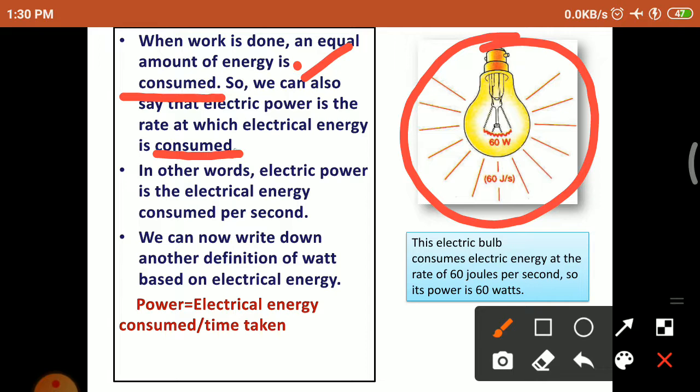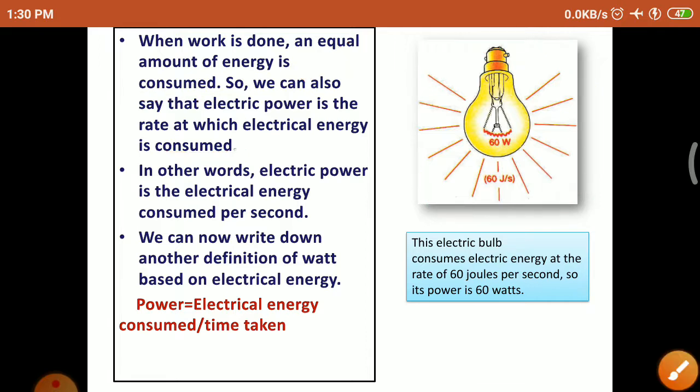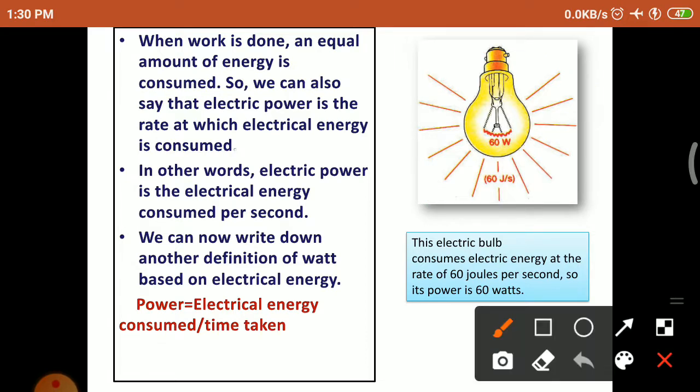So another formula: power equals electrical energy consumed by time taken. We can represent power in two ways. One is work done by time, when the current is flowing in the circuit and doing some work. That means an equal amount of energy is used up. So power we can write as electrical energy consumed by time taken.